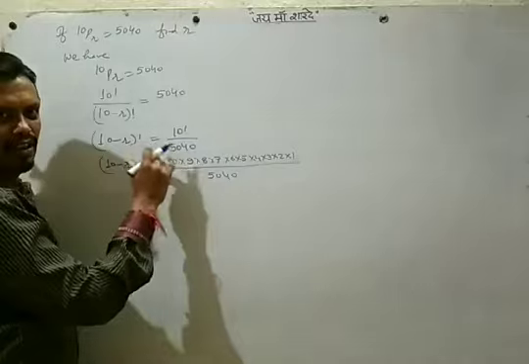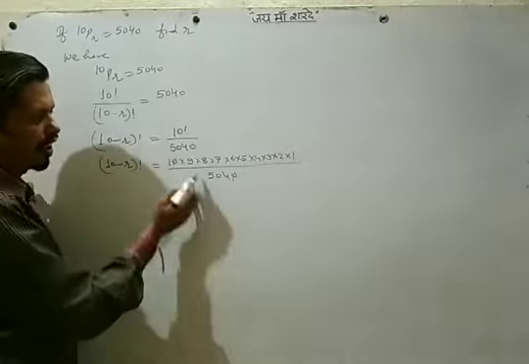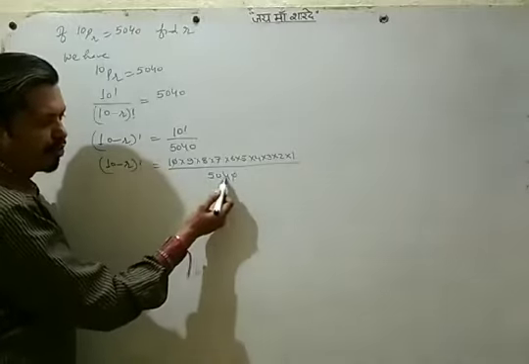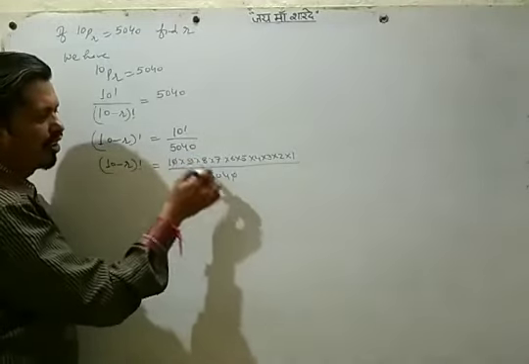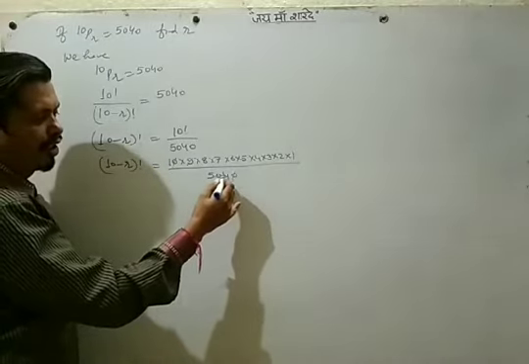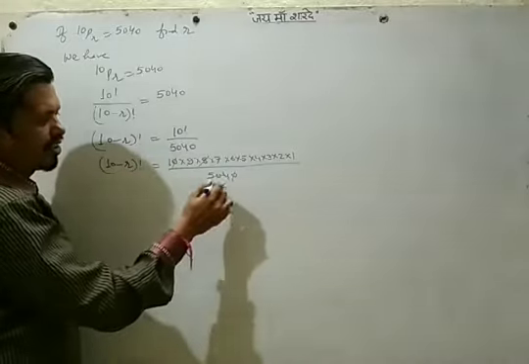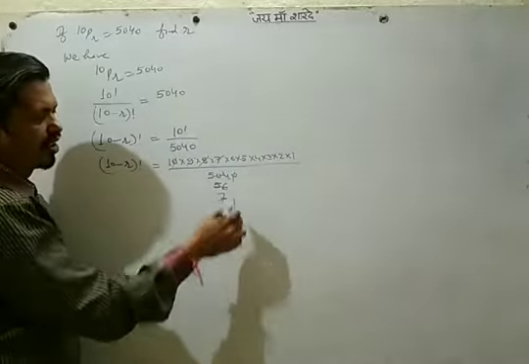Starting from the left side, 0 cancels 0. 5 plus 4 is 9, so 9 5s are 45, 4 remainder, 5 remainder. 9 6s. Now 8 7s, then 7 1s.